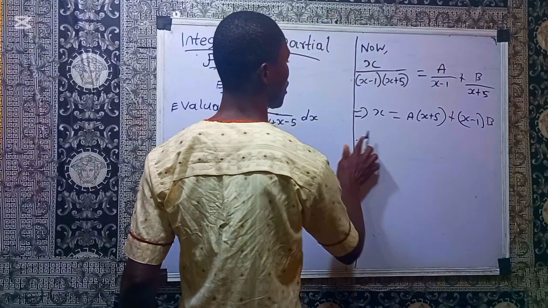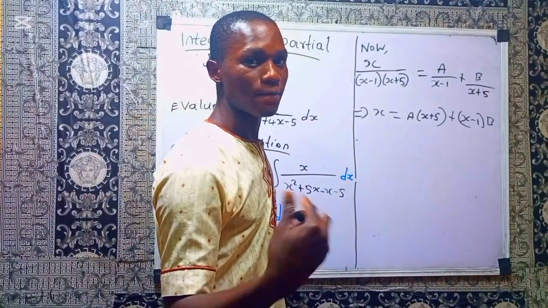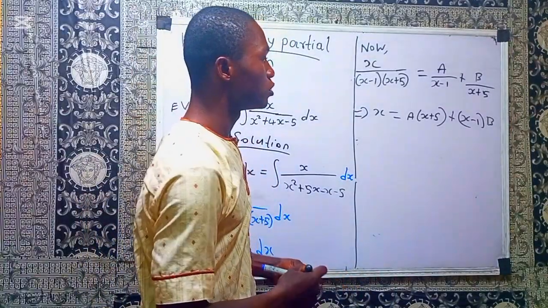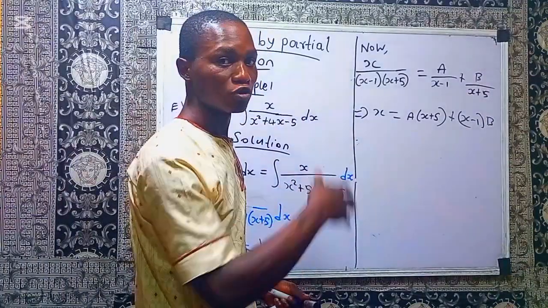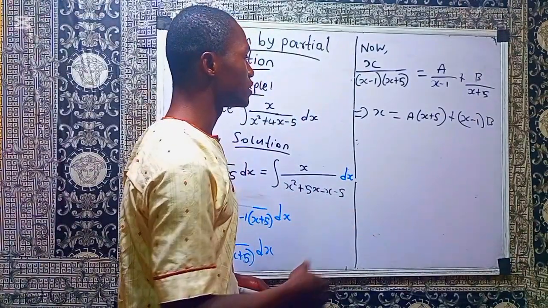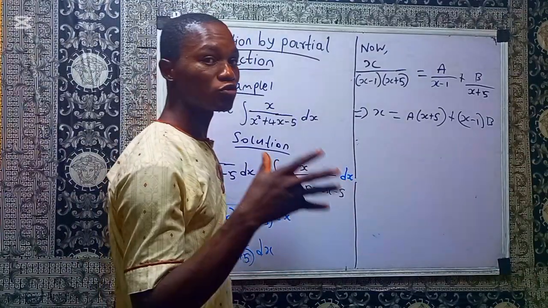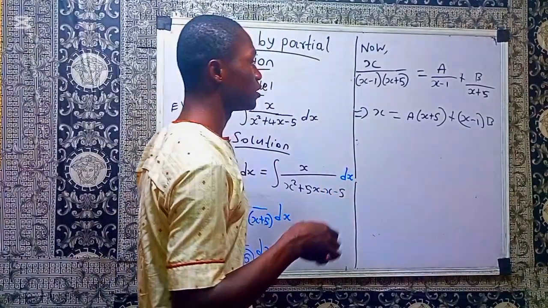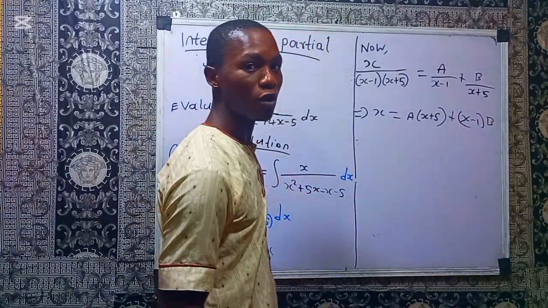So we are going to use the elimination method. Elimination method is just trying to make one constant to be 0 so that you can solve for the other one. So we want to get our a and b, right? So if you want to make b to be 0, what will you do?